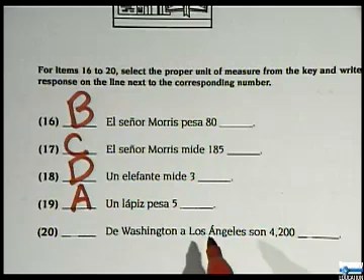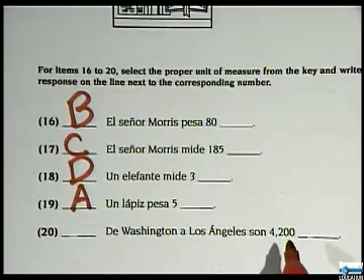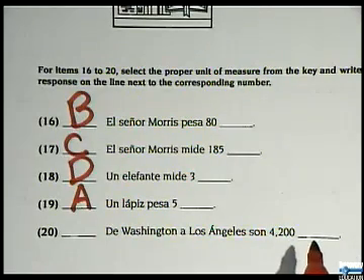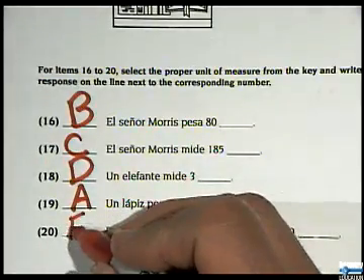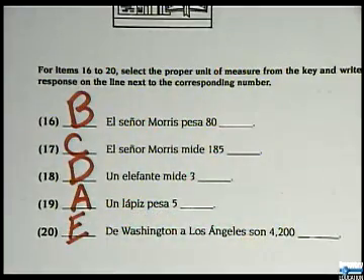From Washington to Los Angeles, it is 4,200. What is that going to be? Centímetros, metros, or kilómetros? Centímetros and metros are too small. This is going to be kilómetros, which is letter E. Kilómetros. So there are your answers for numbers 16 through 20.